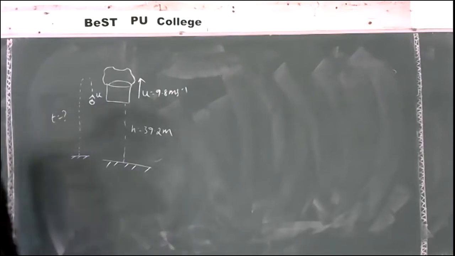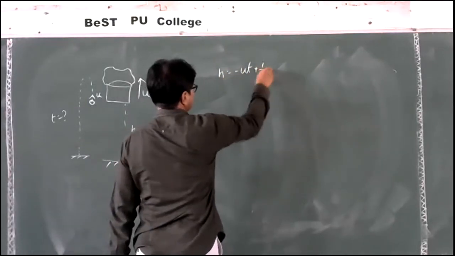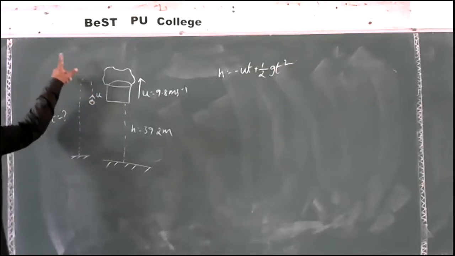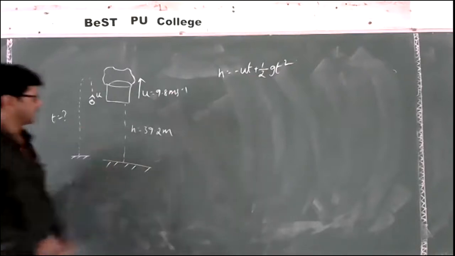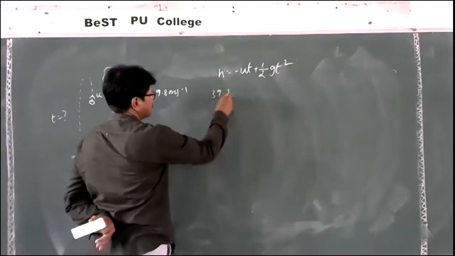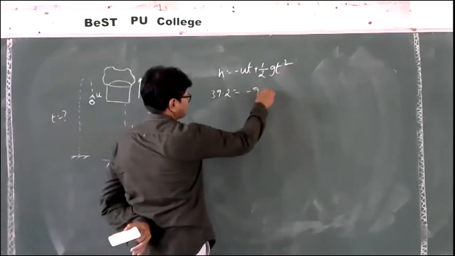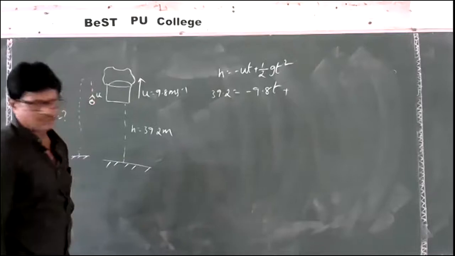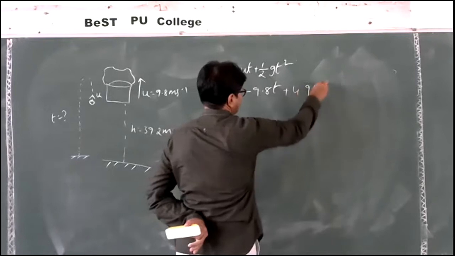Then as usual we will apply h is equal to minus ut plus half gt square, because this case is very similar to when a body is projected vertically upwards from a certain height, where h is equal to 39.2, u is equal to 9.8 plus g value is also 9.8, 9.8 by 2 is 4.9 t square.